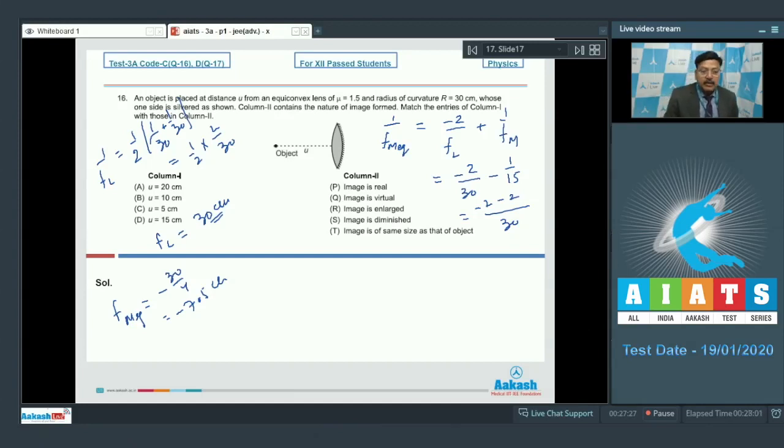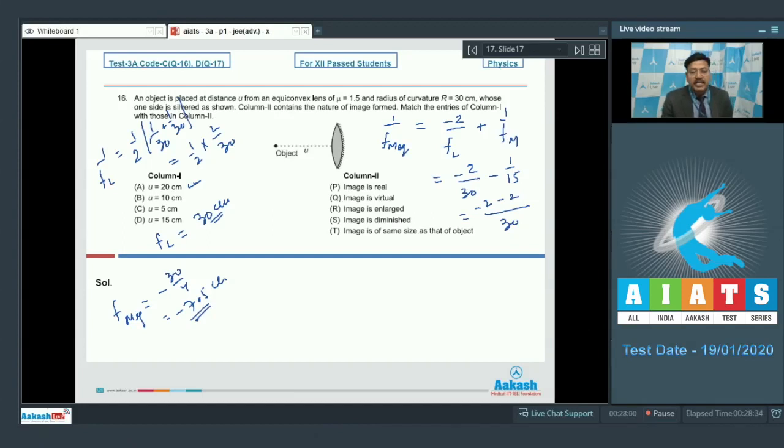Okay, so now just to solve further, that is what we are going to consider. Now if object is at a distance of 20 centimeter, it is clearly beyond 2f distance from this equivalent spherical mirror, because the focal length is coming out to be 7.5 centimeter.